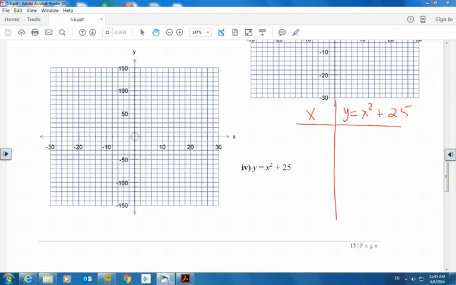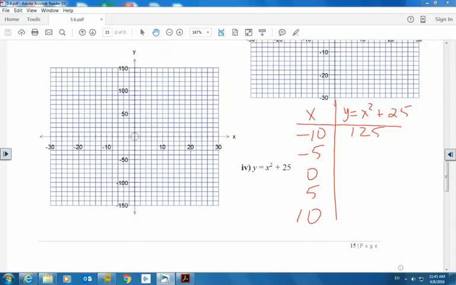So notice my scale has changed on this graph, right? And it's changed for a reason. So let's choose minus 10, negative 5, 0, 5, and 10 as my x values. So what are my corresponding y values? What is the y value for the first one? 125.